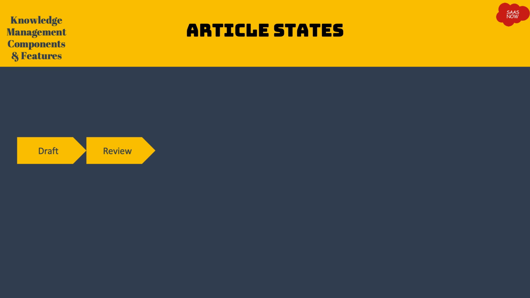Review, which means the article is submitted for publish and ready to be reviewed. Scheduled for publish, which means the article is approved and ready to be published on the published date. Published, the article is published and can be viewed by end users.